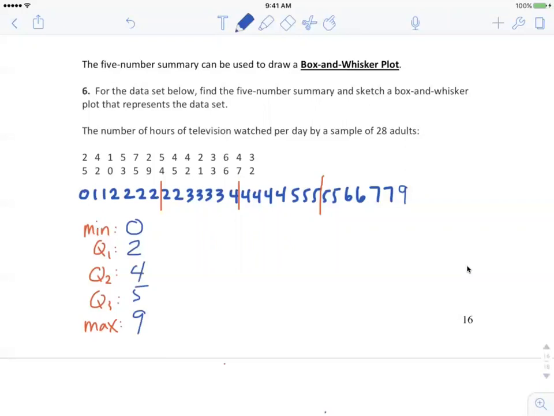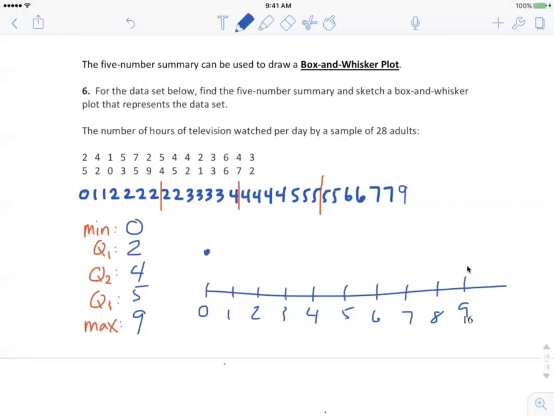And then what a box and whisker plot looks like is, if you make a little number line, the values from the minimum to the maximum, you start with plotting all of those values. So somewhere above the number line: 0, 2, 4, 5, and 9.